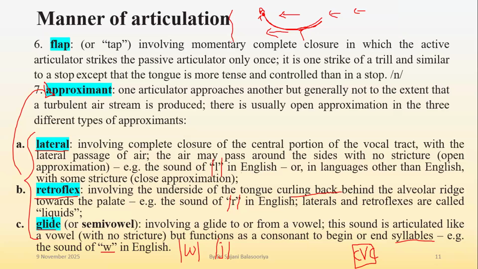I don't hear anything from you. May I know whether everything is fine or you are getting what I'm telling? Yes? Can I continue to the next topic, or do you have any issues?